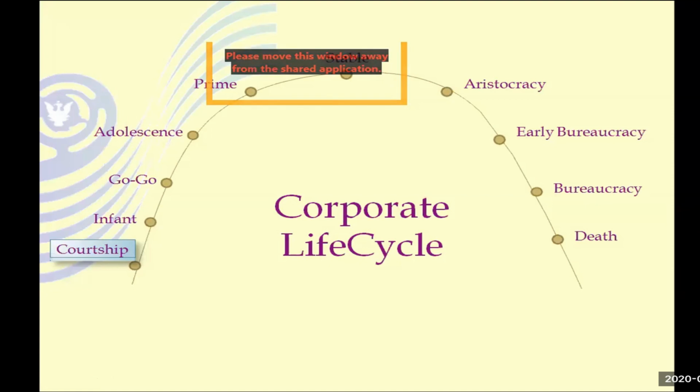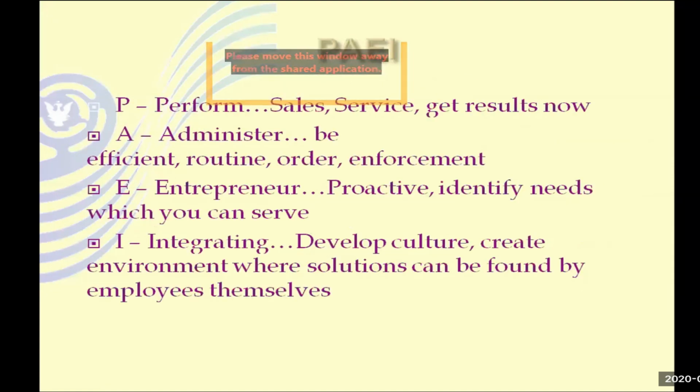I think this is more clear. You can look at it. Maybe now the role of the management in this stage is to make sure that what we call PI, there is performance. The farm is performing, right? There are sales, there is service, you get the results, right? Without sales, the farm will not survive.